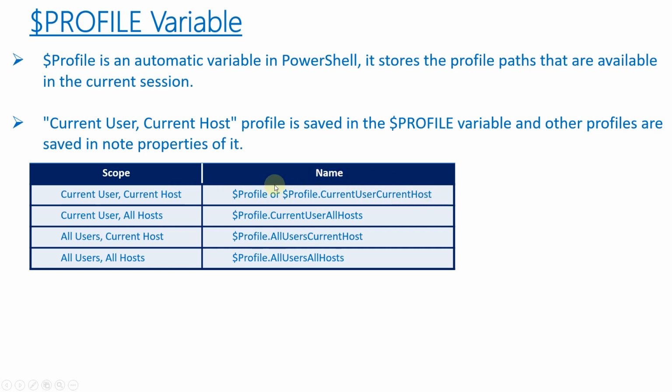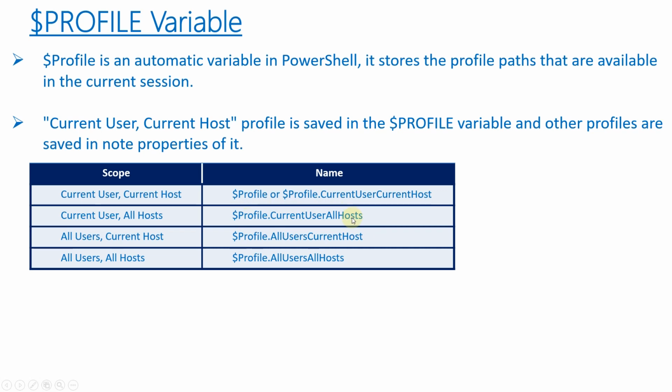When we print this, the path of the current user and current host profile will be printed. Likewise, when we want to print the path for the current user and all hosts, we have to use $profile.CurrentUserAllHosts. It will give the output of the path for the current user, all hosts.